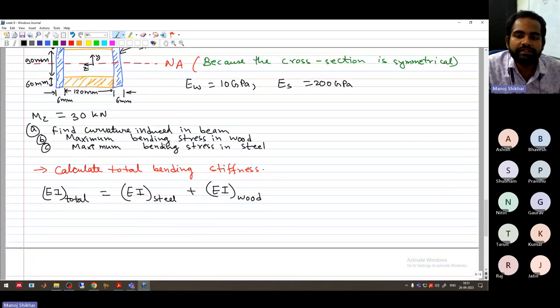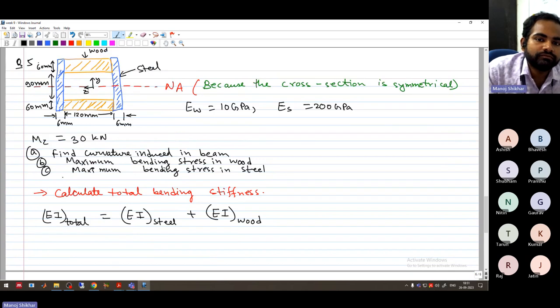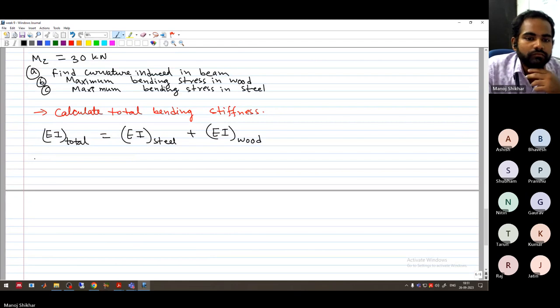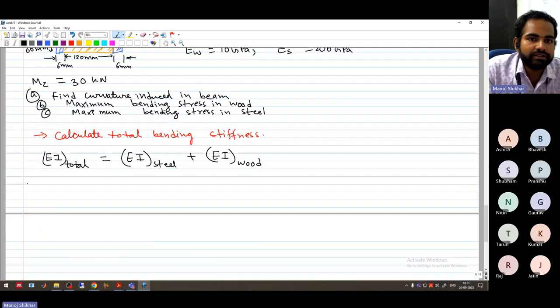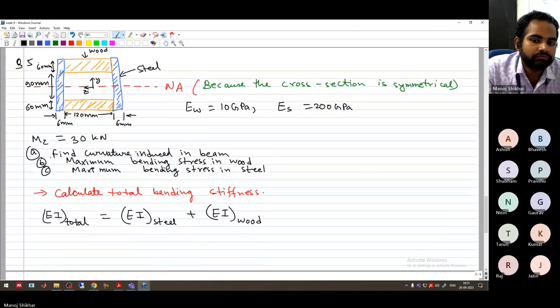So we already know steel's stiffness. We know the Young's modulus of steel and Young's modulus of wood. So we need to find what is the I of steel and what is the I of wood. Okay. So I of steel will be what? It is a rectangular cross section. So 1 by 12 BH cube.